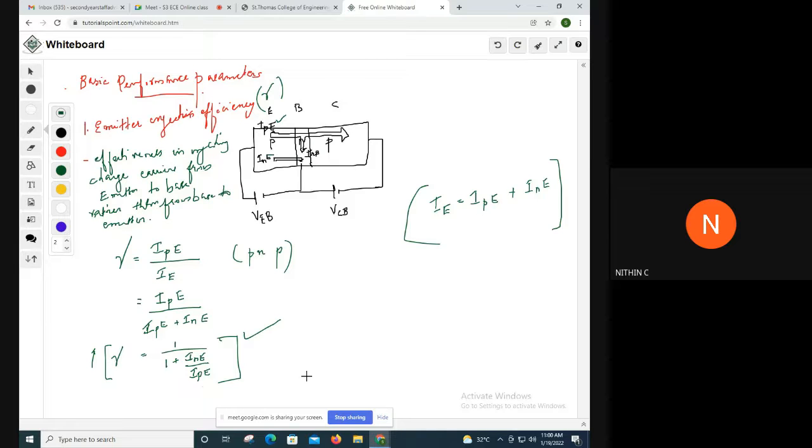You tell me, in order to increase emitter injection efficiency gamma, what should I do to the term INE by IPE? What should happen to this term, should it increase or decrease? That's the question.